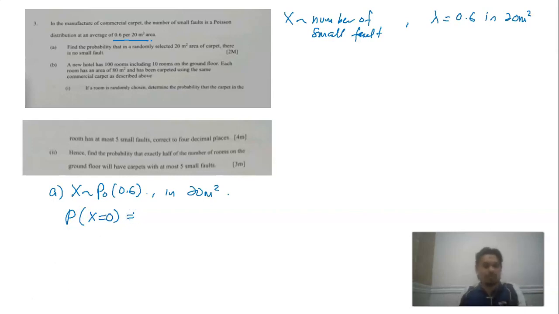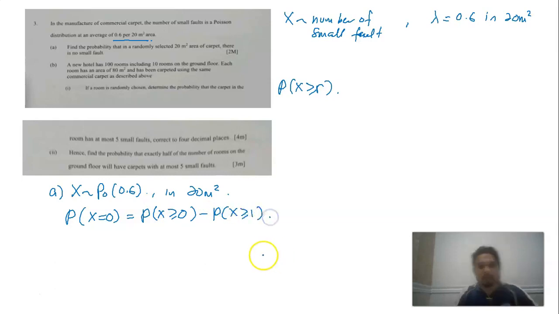You may use the statistical table book. As we know, for Poisson it will only give you the probability of X greater than or equal to r. So for X exactly equal to 0, we have the probability of X greater than or equal to 0 minus the probability of X greater than or equal to 1. Just find out from the book with lambda 0.6.